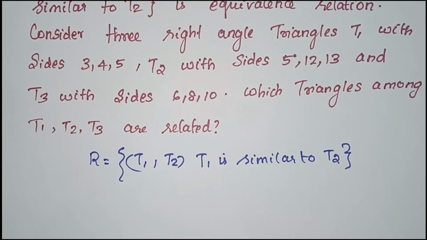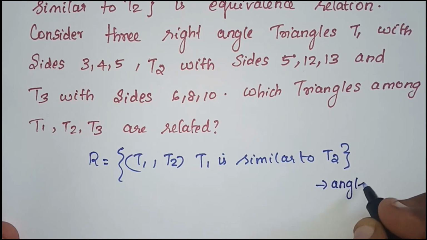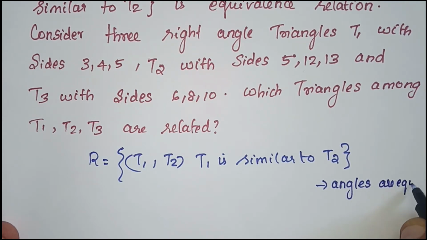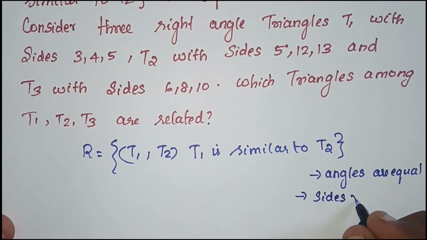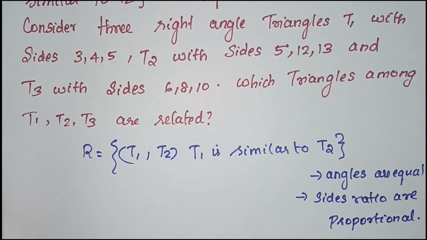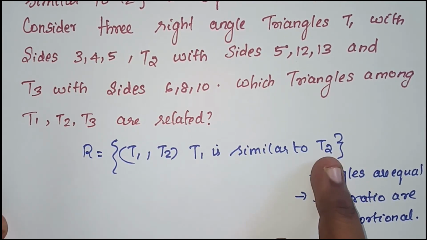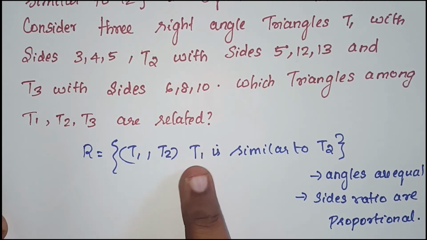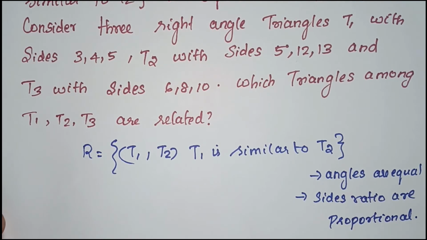If any two triangles are similar, their angles are equal and their sides ratio are proportional. So if the triangle T1 is similar to T2, the angles of T1 are equal to angles of T2, and their sides ratio are proportional.